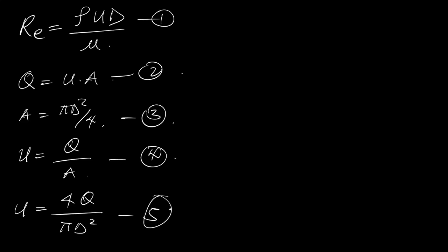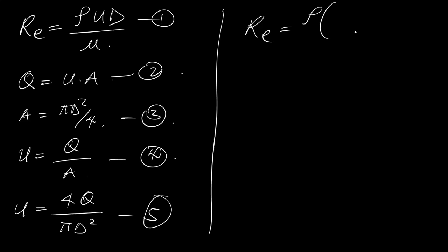This is equation 5. Now, substituting equation 5 into equation 1, we now have Reynold number equal to density times the velocity, which is now 4q all over pi d squared, times d divided by mu.